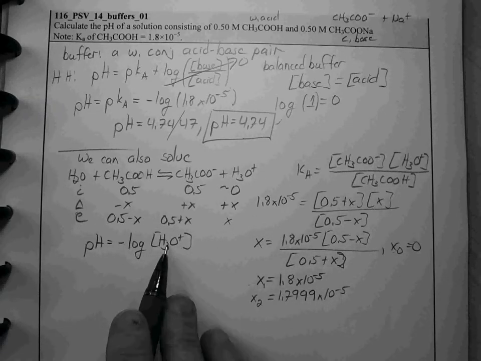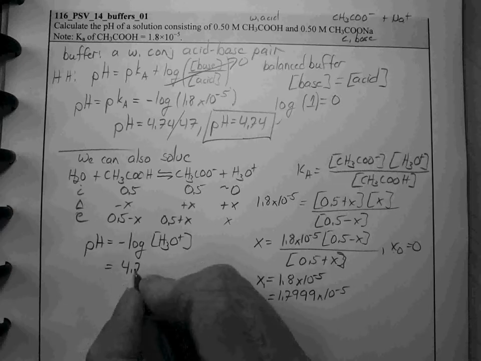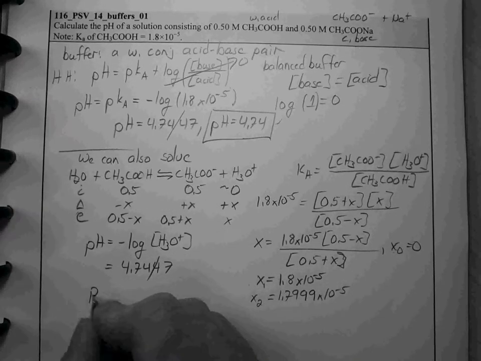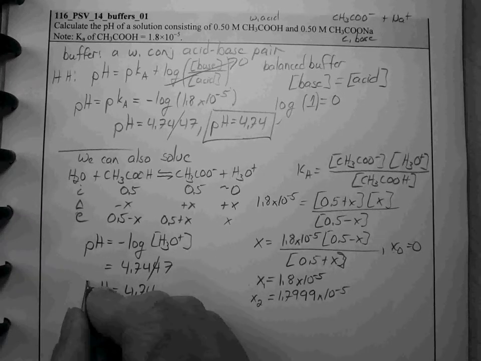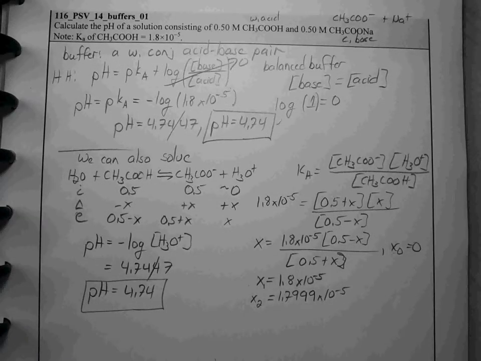In this situation, H3O+ is equal to our Ka, 4.7447. Again with two sig figs, pH is equal to 4.74. Okay, so we could solve the problem either way. It's not that much longer going the full bore equilibrium route, but the two methods are equivalent.